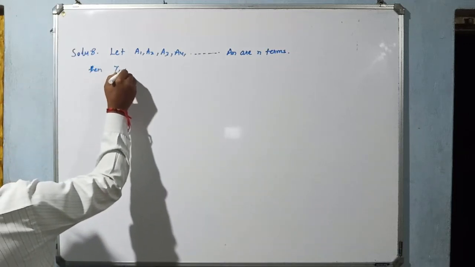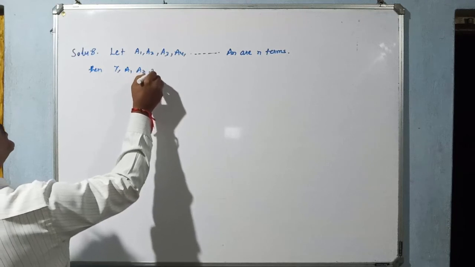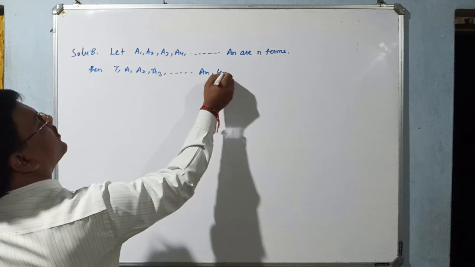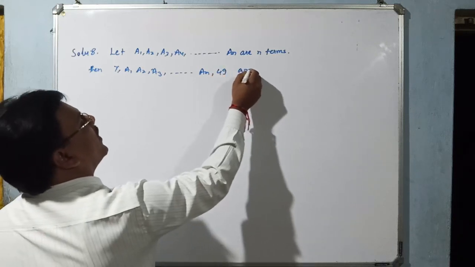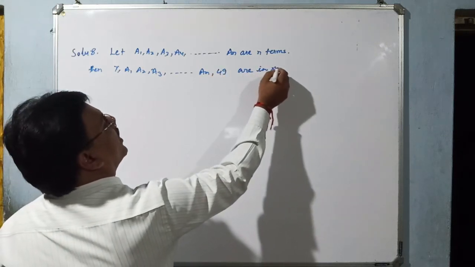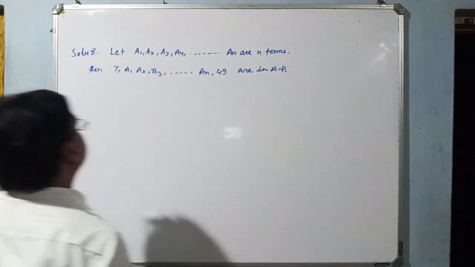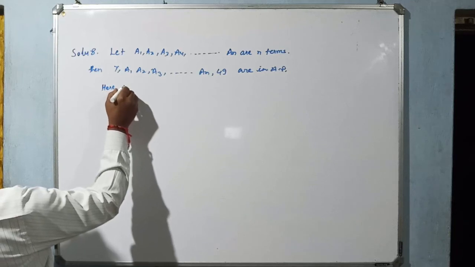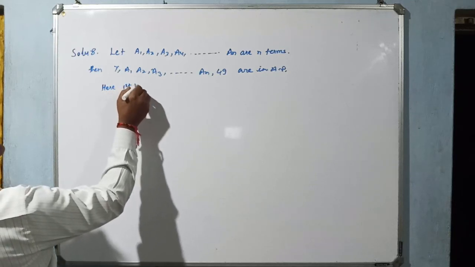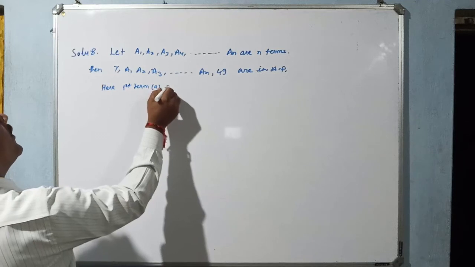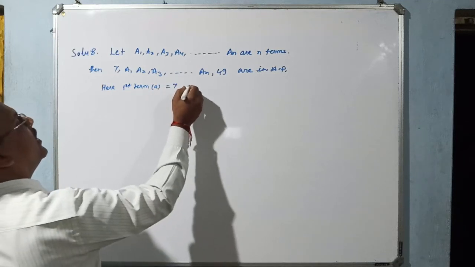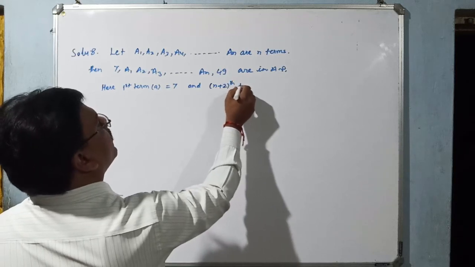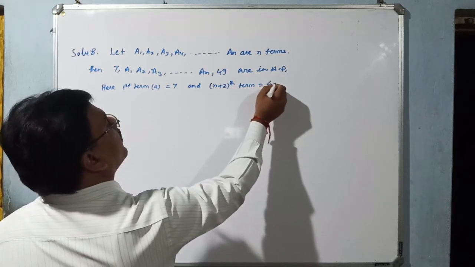Then 7, A1, A2, A3, up to An, 49 are in arithmetic progression. Here the first term is 7 and the n plus 2 term is 49.